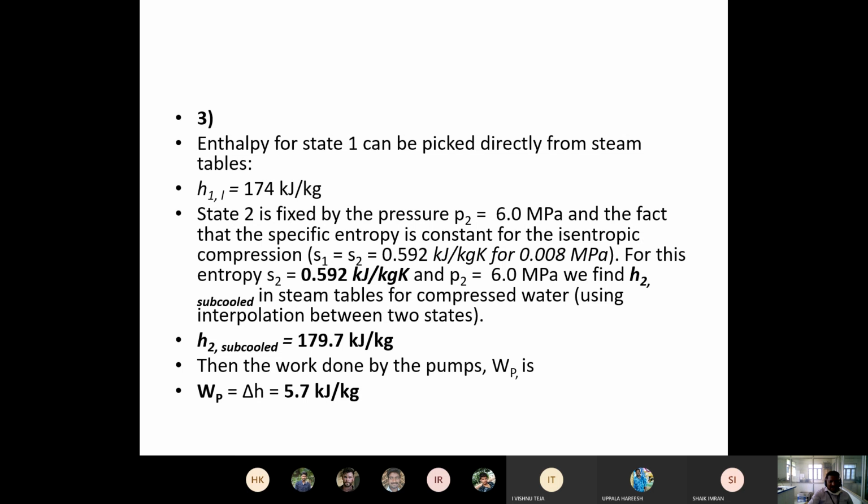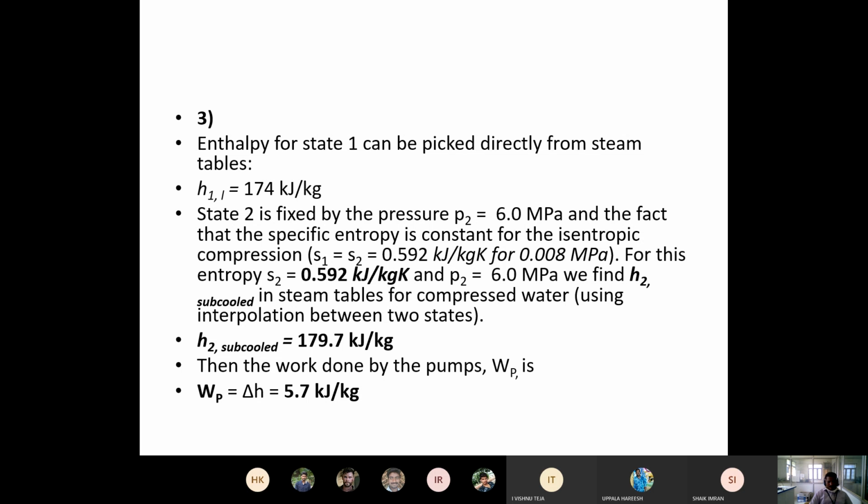H1L, this L indicates liquid. Liquid enthalpy H1 at the given pressure is 174 kilojoules per kg. State 2 is fixed by the pressure P2, 6 megapascal, because that entire line is on a constant pressure line, and the fact that specific entropy is constant for the isentropic compression.